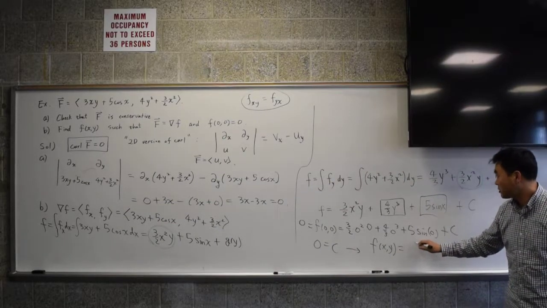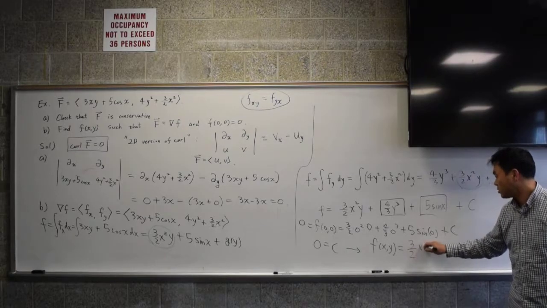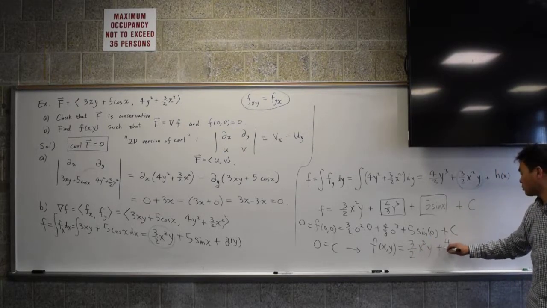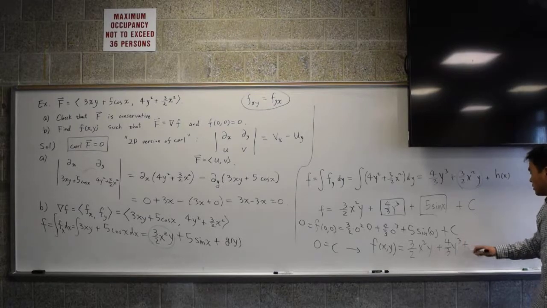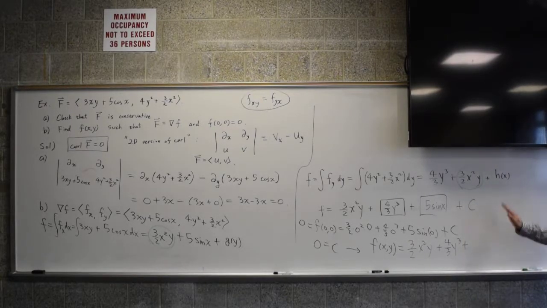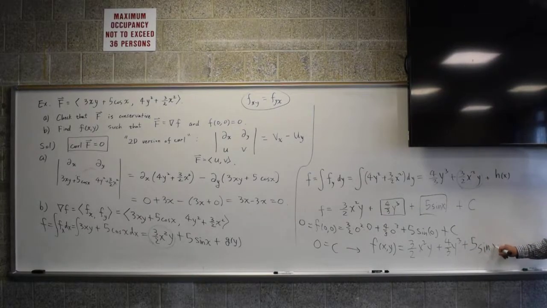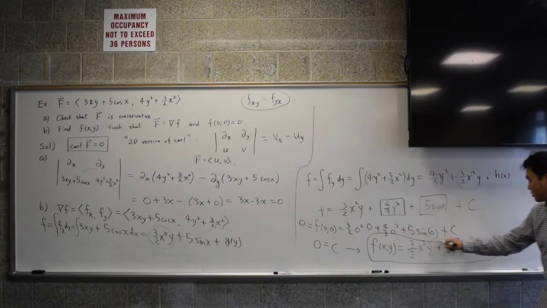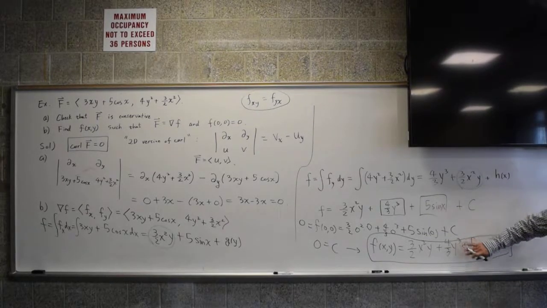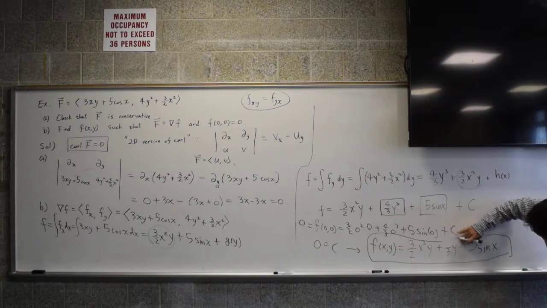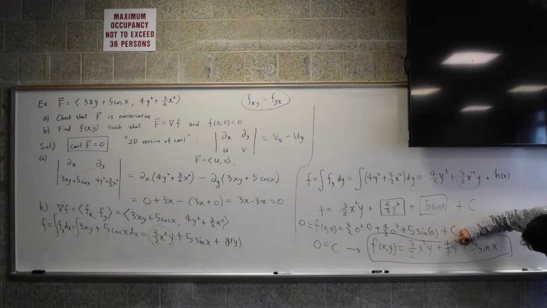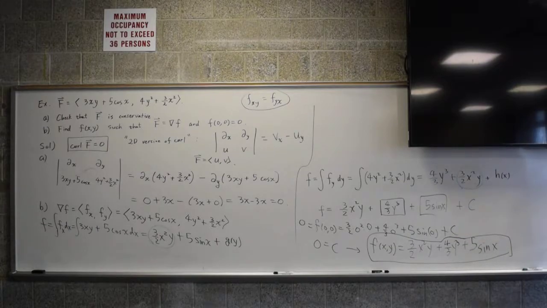So let's write down the final answer. 3 over 2 x squared y plus 4 over 3 y cubed plus 5 sine x. The c being 0 was just a coincidence. Well, many times it does happen that way, but sometimes it's not. Okay, so don't think this is 0 always. Okay, so that's the final answer.